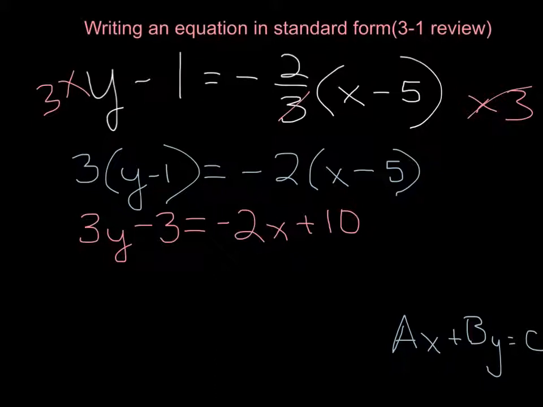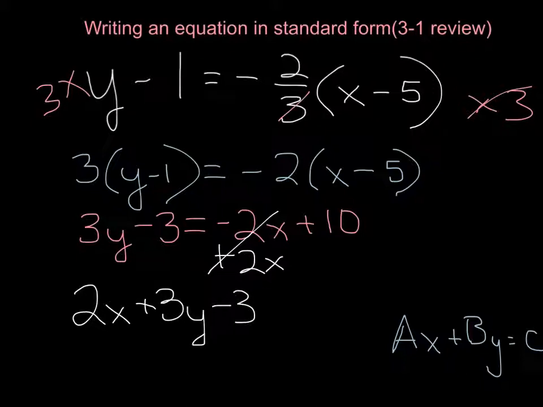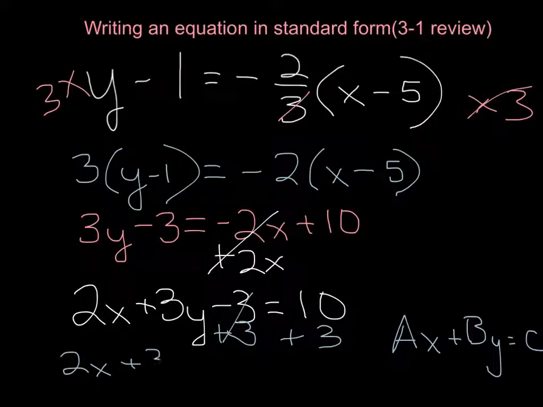And now you're just going to solve this like a multi-step equation, remembering that you want your x and your y on the left and everything else on the right. So now we're just going to add 2x to both sides. So we have 2x plus 3y minus 3 equals 10. And finally, you're going to add 3 to get your final result of 2x plus 3y equals 13.